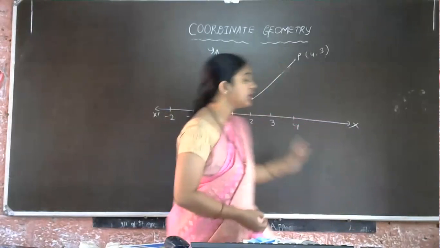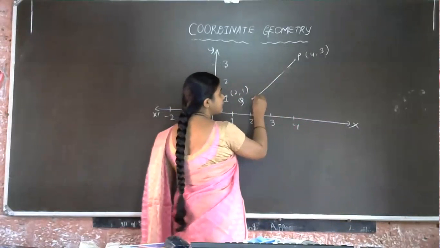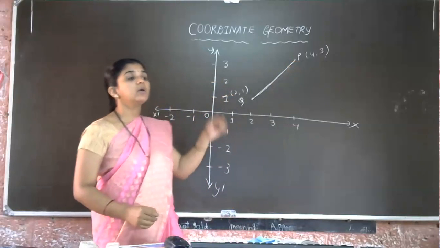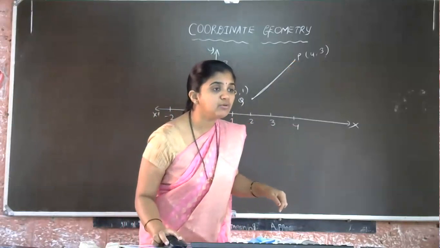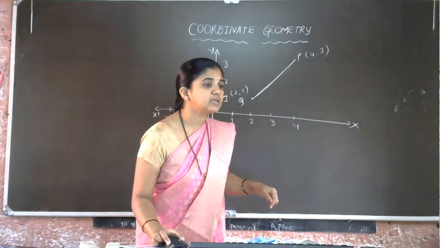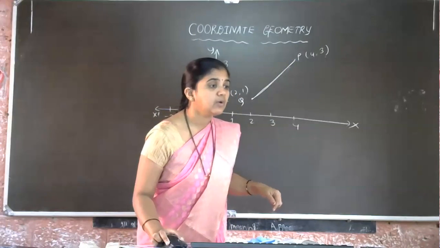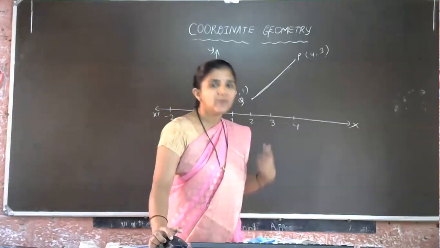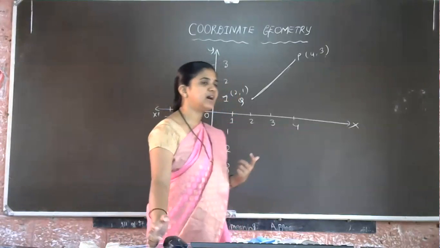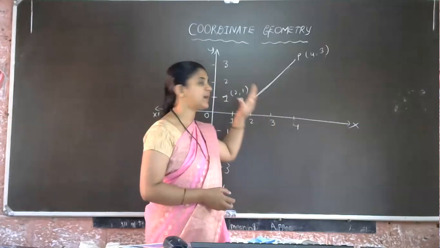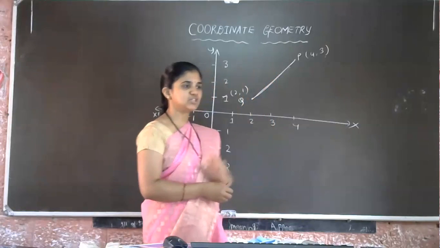If 2 points are there, and we join them, we'll get one straight line. Now in the Cartesian plane, we have to find out the distance of that line. That is done using the distance formula. What is that distance formula? How can we find it? That is also by taking the help of this Cartesian plane only.